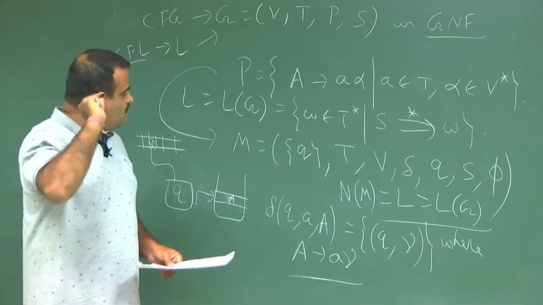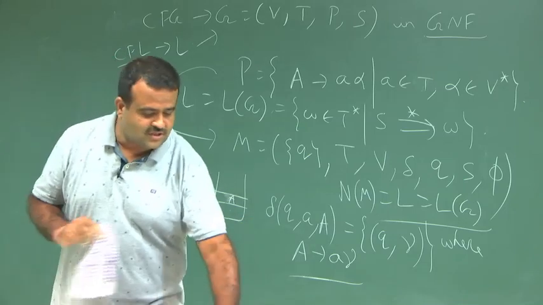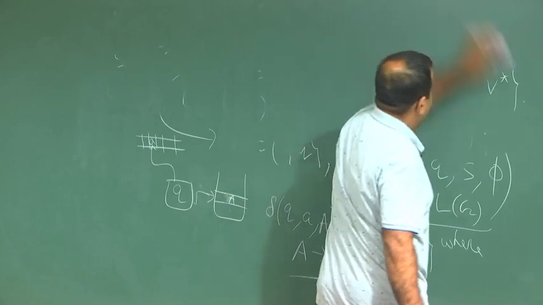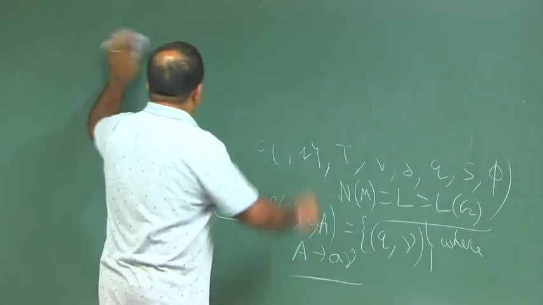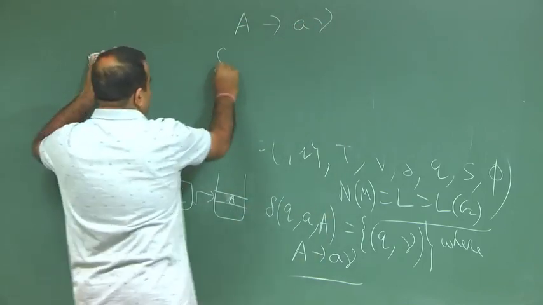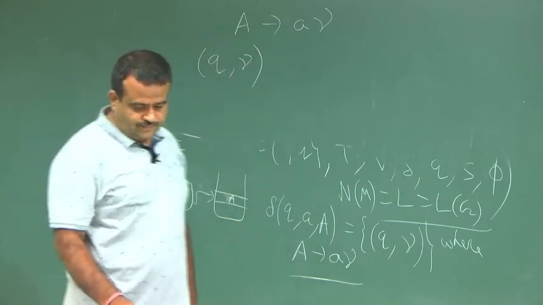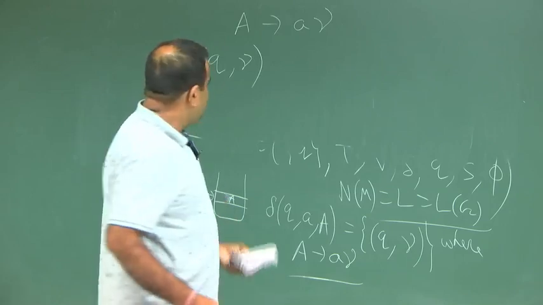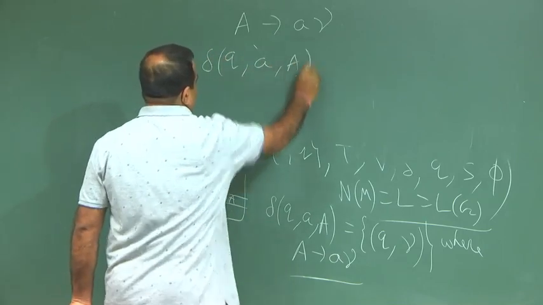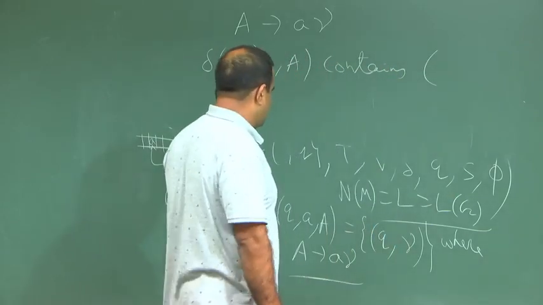Okay. So, now with this construction we can show that they will accept the same language. That means, whenever we have a rule like this, A goes to a gamma, then we say that delta of q, a, A contains q comma gamma.